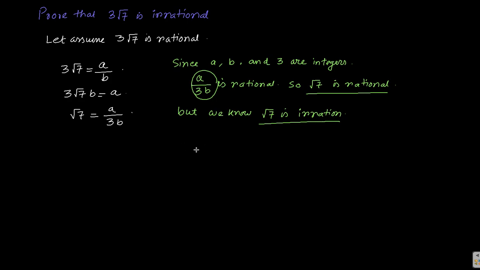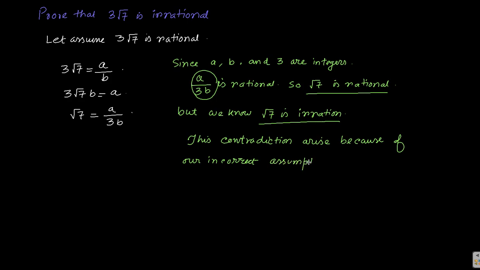It means that this contradiction arises because of our incorrect assumption that 3 root 7 is rational.